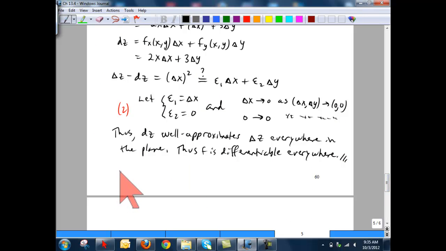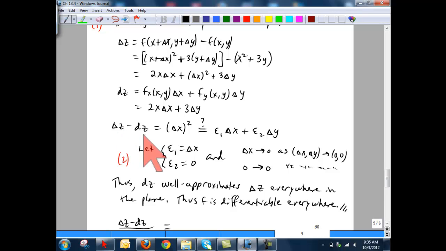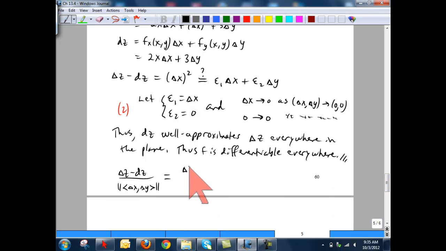So if we look at delta z minus dz over the magnitude of the vector delta x, delta y, we get the following. We already computed delta z minus dz. That worked out to just be delta x quantity squared. And downstairs, the length of this vector is the square root of delta x squared plus delta y squared.